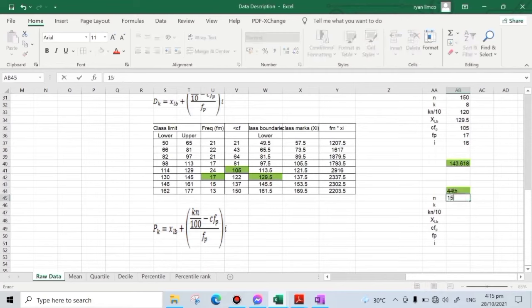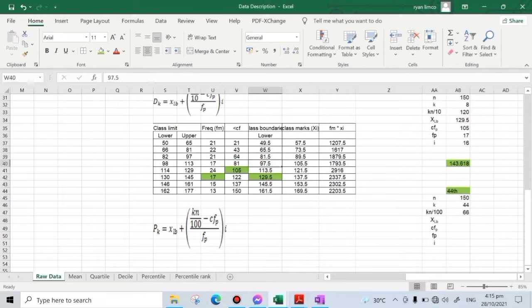So, N is 150, K is 44, and we replace this with 100. So, Kn over 100, K is 44 times N divided by 100. That's 66. And 66 can be found somewhere here. Since 64 does not cover 66 yet, it is found at 81.